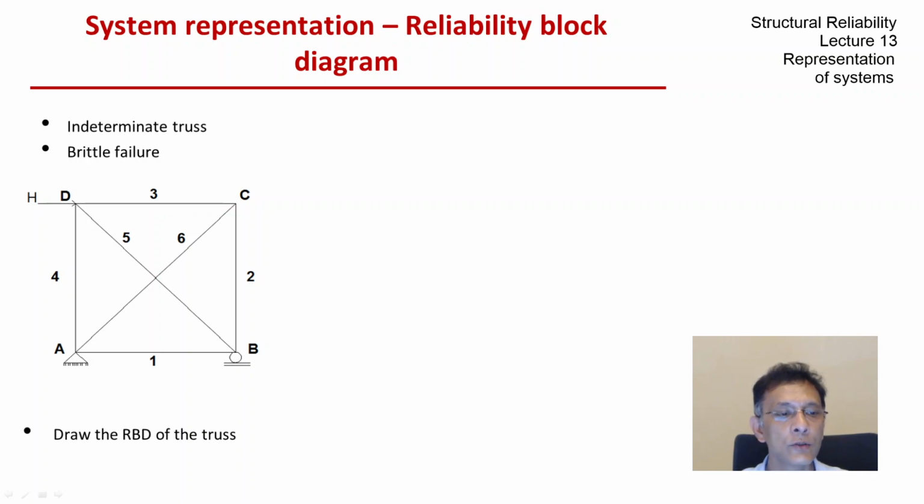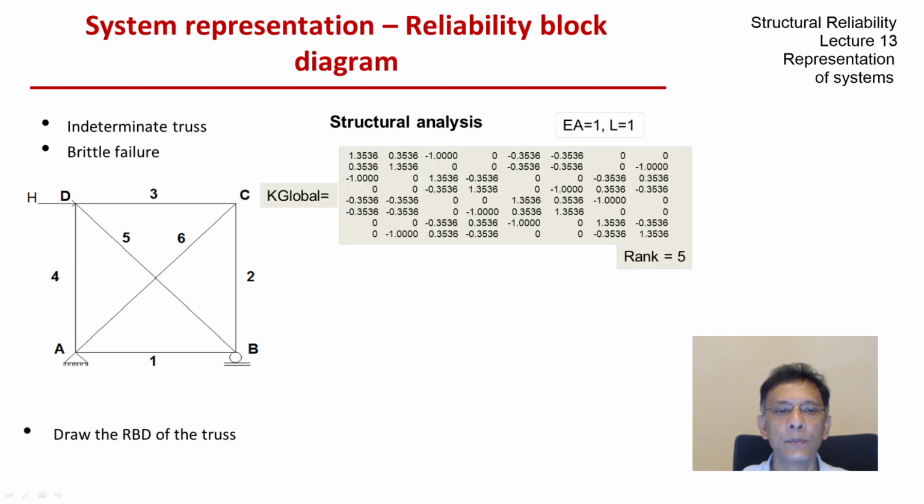So here by inspection we know that this is 1 degree redundant, but suppose we wanted to verify this by analyzing the structure. And let's say, as we have said here, it's elastic brittle. So we could take up the stiffness method of analysis.